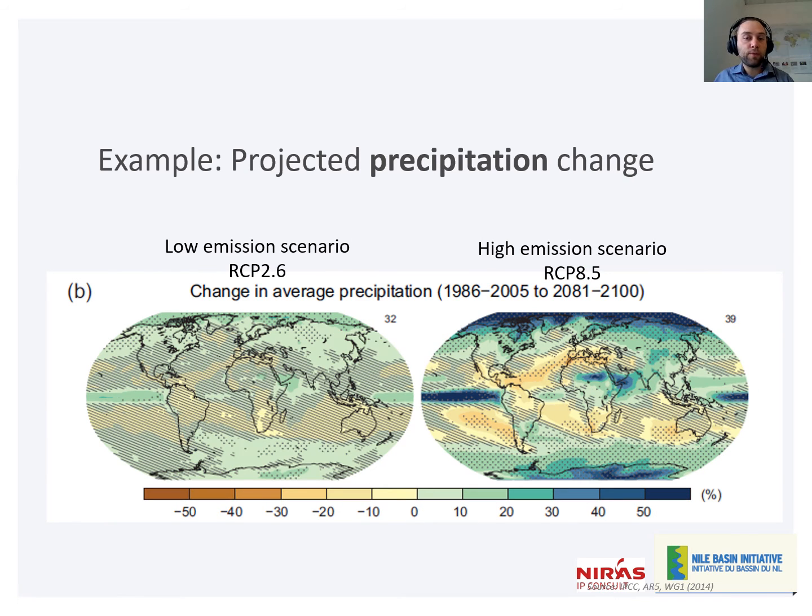And also the same for projected precipitation change. On the left-hand side, for RCP 2.6, there will be changes of precipitation, but they are by far not as extreme as for RCP 8.5, where many areas will experience a dramatic decrease in precipitation and others quite a strong increase.